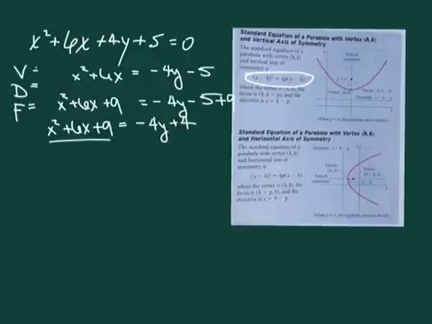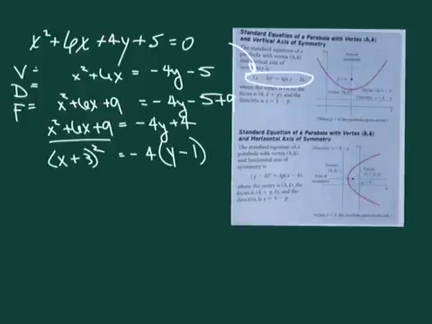Alright, now we can write this as x plus 3, quantity squared, so we have it in this format right there, like we wanted, equals, I'm going to pull out the 4, and when I pull out that 4, I get a y minus 1. Okay. Alright, so at this point this part right here says that that 4 is positive.